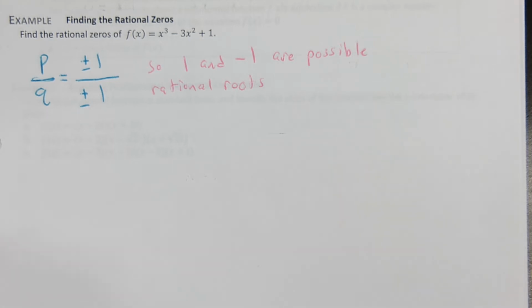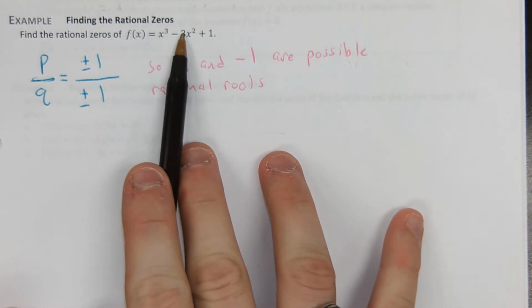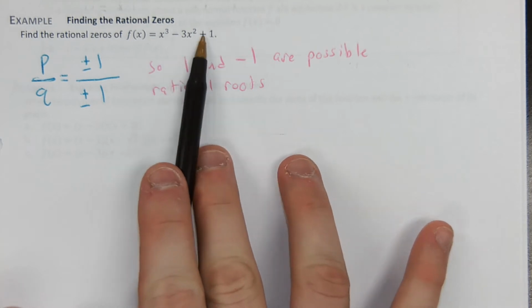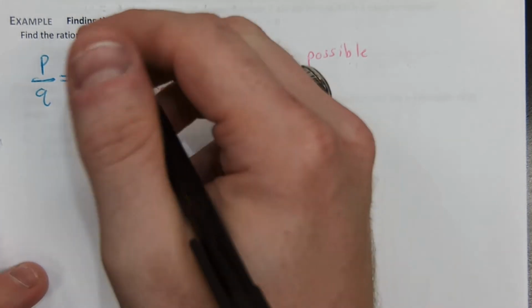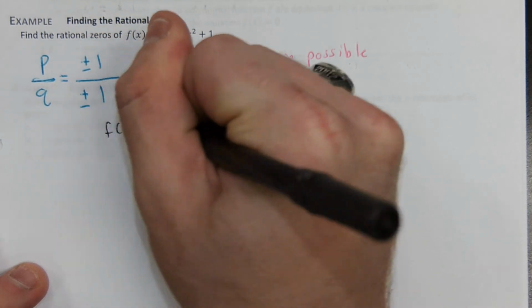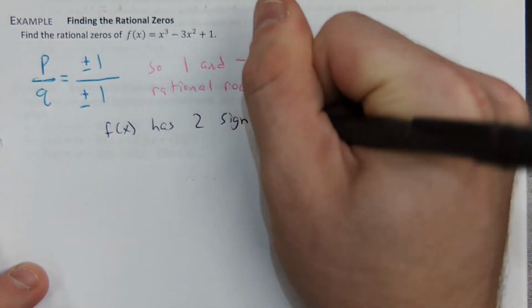So for f of x, this is positive, this is negative. There's a sign change. This is negative, this is positive. Oh, there's two sign changes. So f of x has two sign changes.